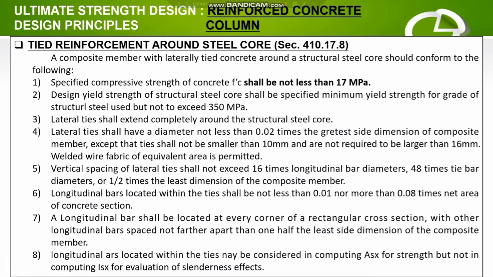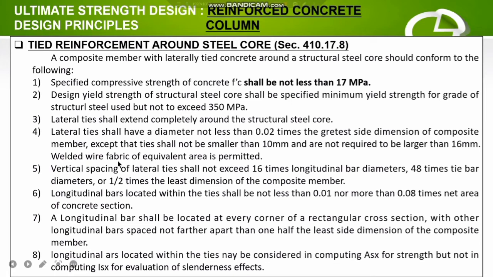Design yield strength of the structural steel core shall be specified as the minimum yield strength for the grade of structural steel used, but not to exceed 350 megapascals. Lateral ties shall extend completely around the structural steel core. Lateral ties shall have a diameter not less than 0.02 times the greatest side dimension of the composite member, except that ties shall not be smaller than 10 mm and are not required to be larger than 16 mm.